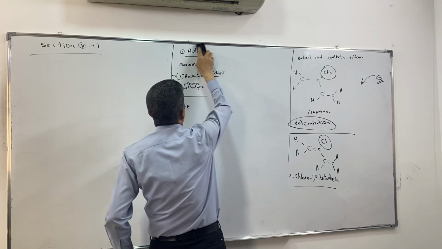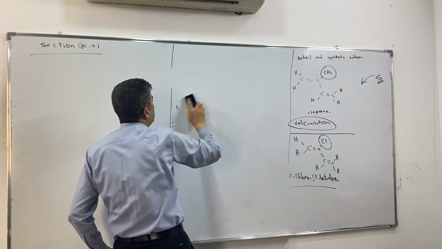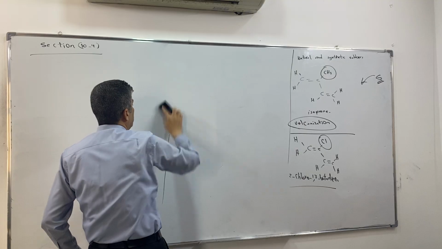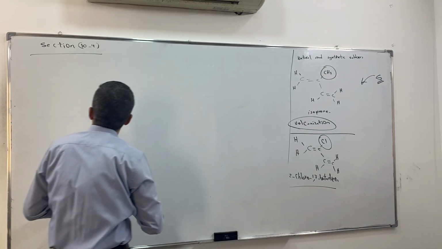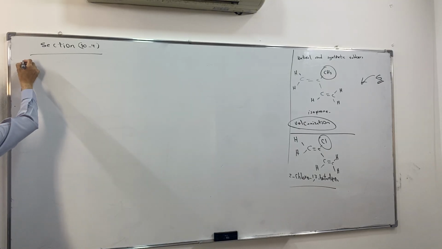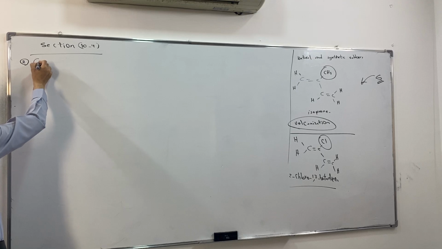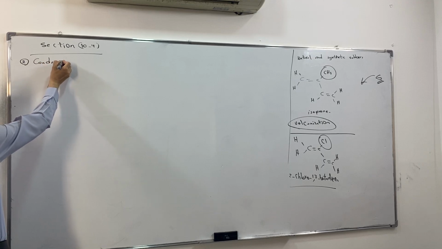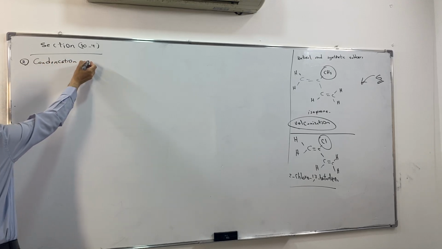Condensation polymers: we have condensation reactions between two monomers, each containing two functional groups. The second type of polymers is condensation polymers.